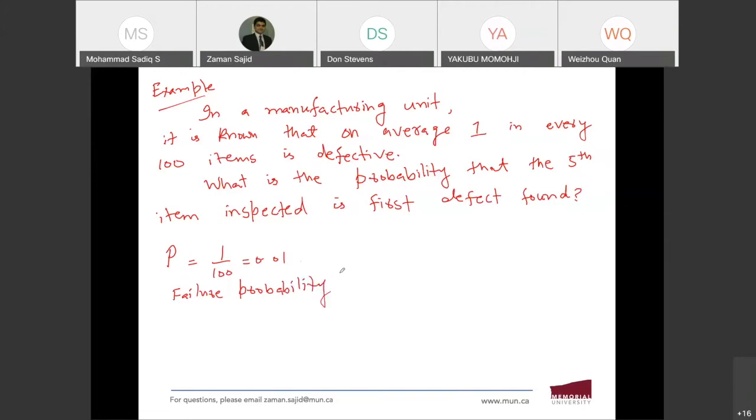Now, if I want to see what is the probability that there is no defect or non-defective, that will be 1 minus p, which is 0.99. This is indicating the probability of not defective.